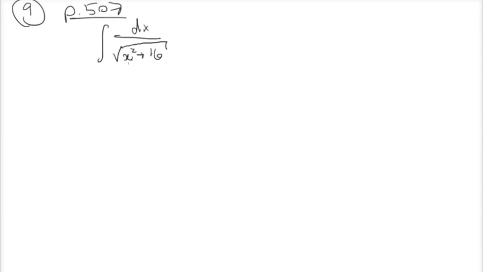What we're going to do is call x that trig function. We're going to call it 4 tan theta, and we have this 4 there because 4 squared is 16, and we can factor that 16 out, so that we'll just get the tangent squared plus a 1. And then we're already going to do some of the work that we're going to need later.